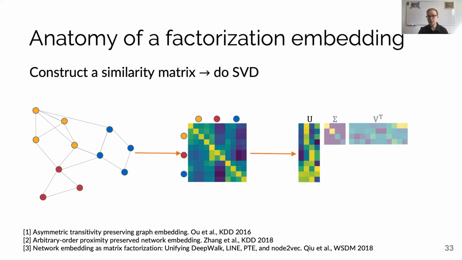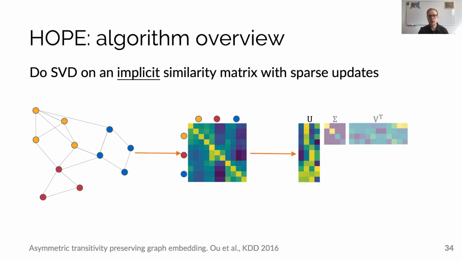The first paper about this was HOPE, released in 2016 in KDD. The idea there is basically that storing the whole similarity matrix M is extremely expensive. If it's a dense matrix, as we can see in the example, it's typically dense. We need a lot of memory.